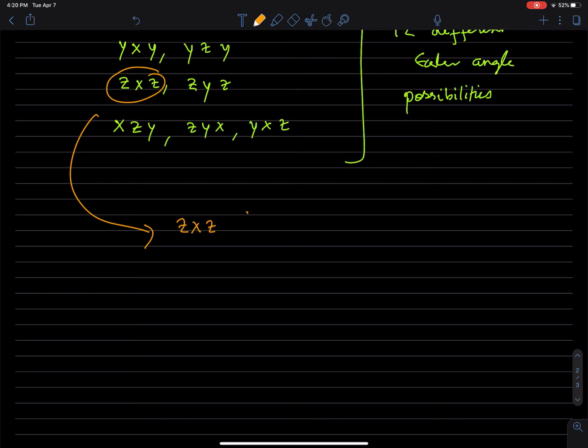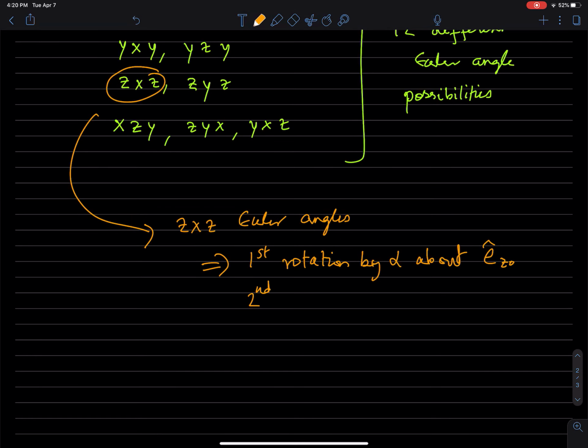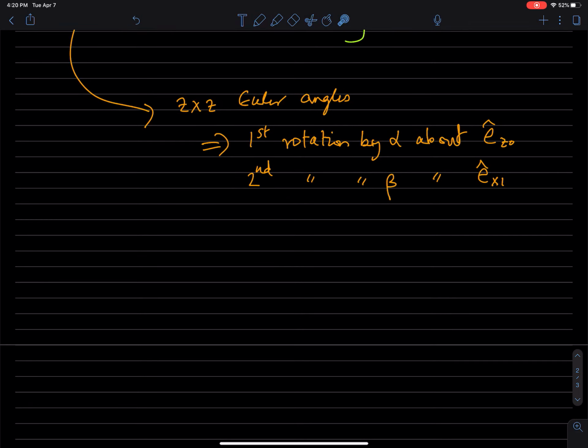ZXZ Euler angles means first rotation, let's say by alpha about EZ naught, second rotation by say beta about EX1, so it's going to be the x axis of the new coordinate frame 1, and then the third rotation by angle gamma about EZ2.